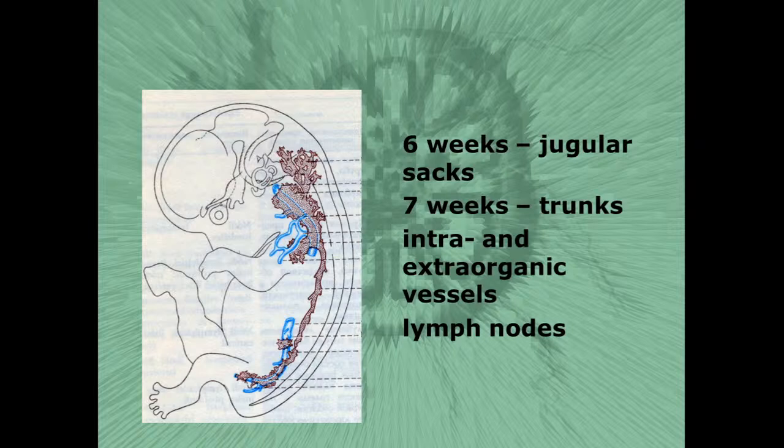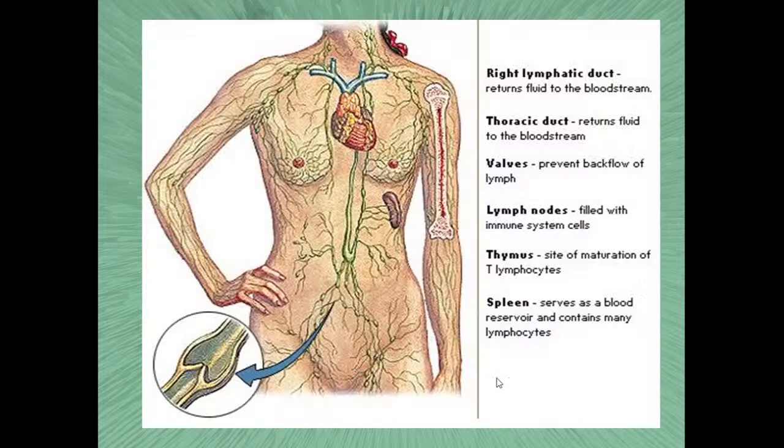As I told you before, the lymphatic system consists of lymphatic capillaries, small capillaries starting from the periphery. These lymphatic capillaries then join together and form lymphatic vessels, interrupted along the pathway by lymphatic nodes. Then larger diameter lymphatic vessels join together and form lymphatic trunks.